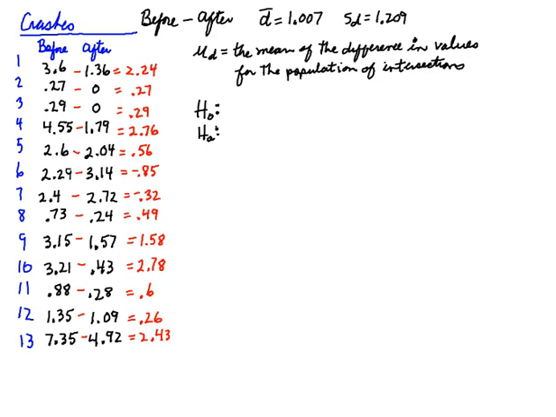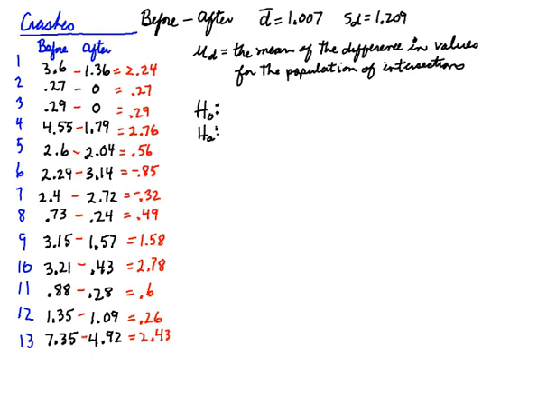I'm charged here to try and prove or show that there's statistical support for the camera being helpful. I notice the way I subtract is before, subtract, after.